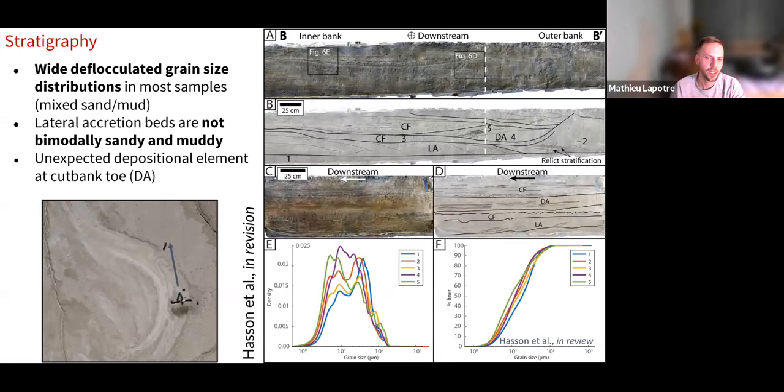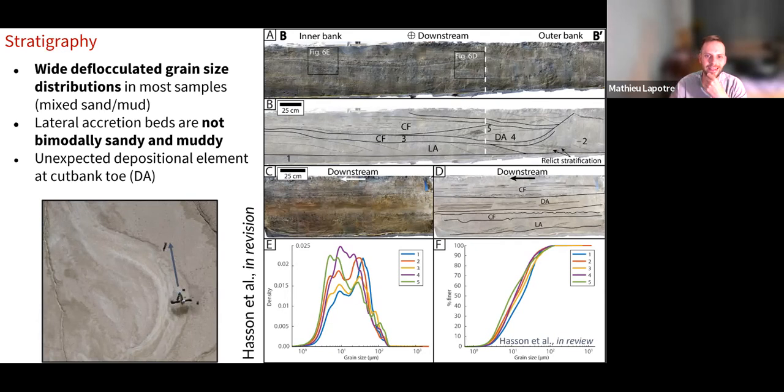At the bottom left, we can see us actually digging a trench in a point bar and channel fields. This is an aerial picture taken by the drone. To the right, you can see what the trench looks like. At the top, panels A and B are looking downstream in the direction of the gray arrow here in the bottom left.